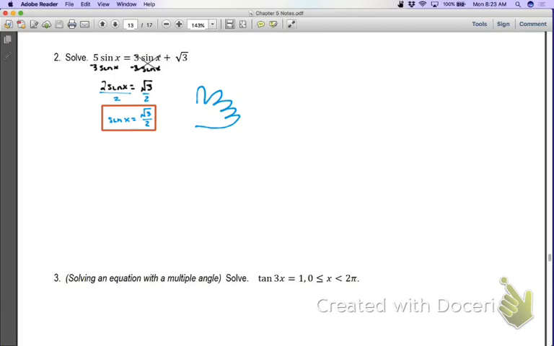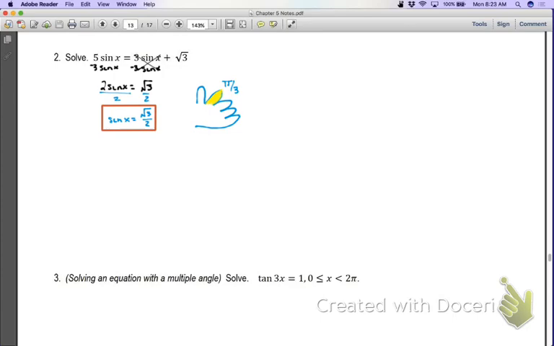When is the bottom side of my hand have 3 fingers showing? Right here. So pi over 3, and then the other one that's up on the top side.